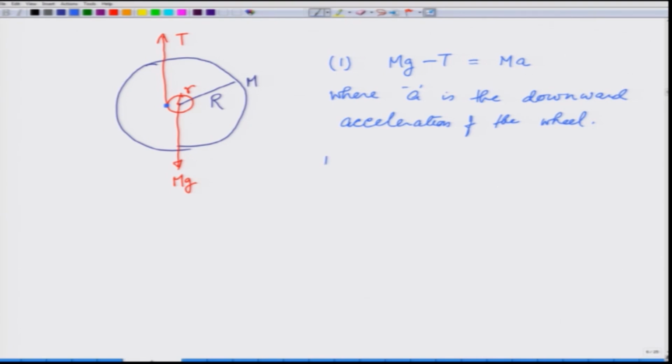Now I can take torque about this blue dot that I made and write the other equation. I alpha is going to be equal to, torque is only due to the weight, mg times small r. What is the moment of inertia I?